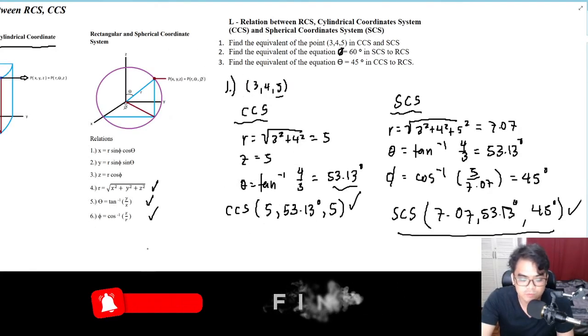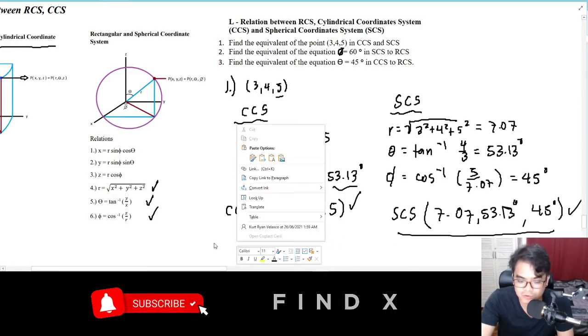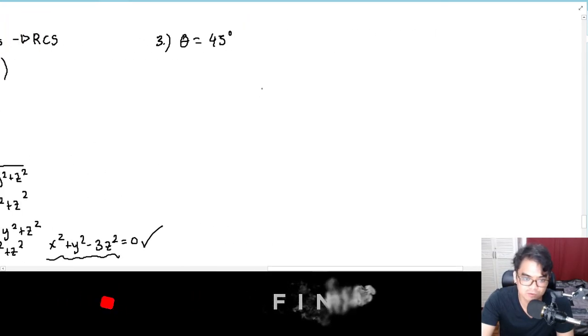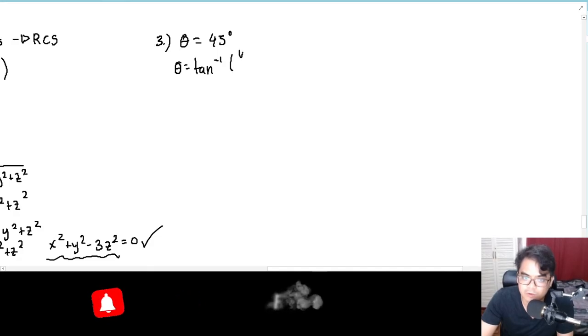For number 3, we have to find the equivalent of the equation theta equal to 45 degrees in cylindrical. We have to convert it into rectangular, so we are looking for the equation. If theta is equal to 45, then theta is equal to the arctan of y over x.